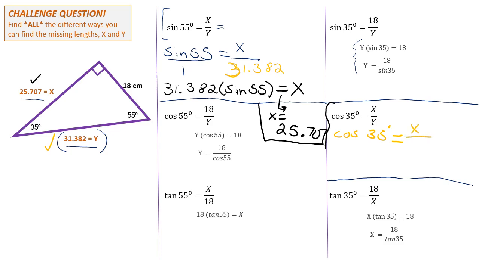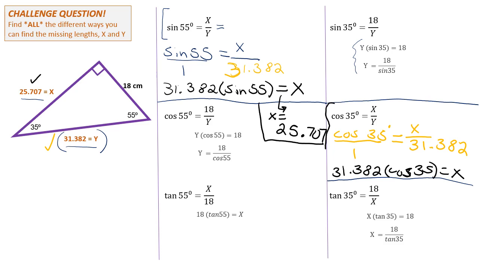So x over 31.382. And you guys probably see where this is going, where if I just do some cross multiplication here, 31.382 times the cosine of 35 is going to equal x.